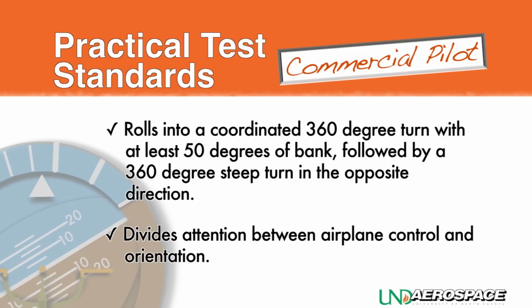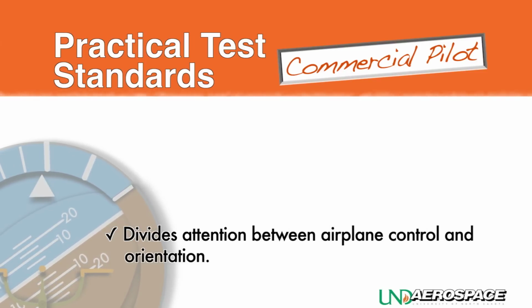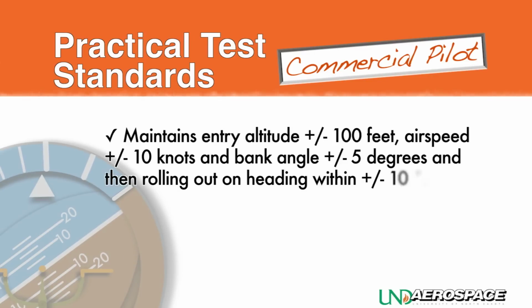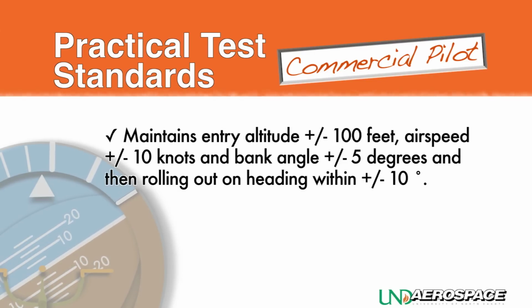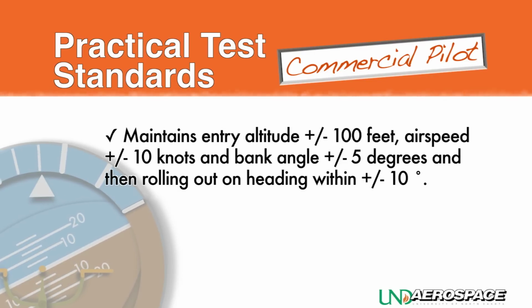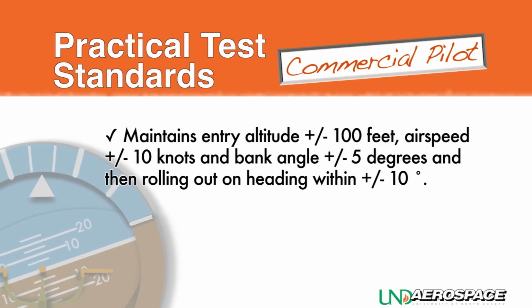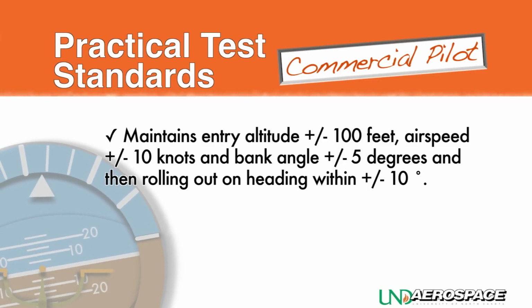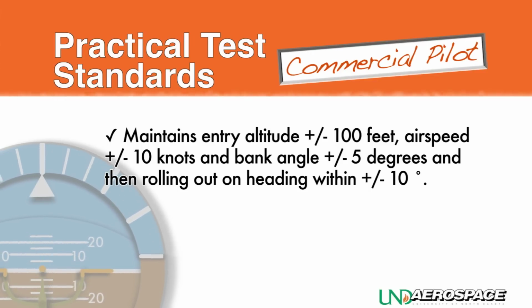Dividing attention between airplane control and orientation. Maintaining entry altitude plus or minus 100 feet, airspeed plus or minus 10 knots, and bank angle plus or minus 5 degrees, and then rolling out on heading within plus or minus 10 degrees.